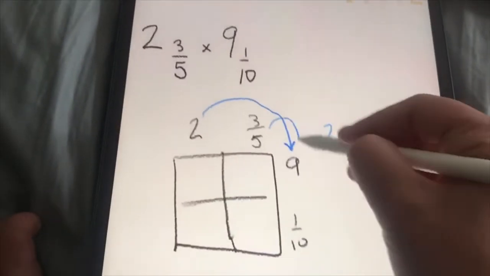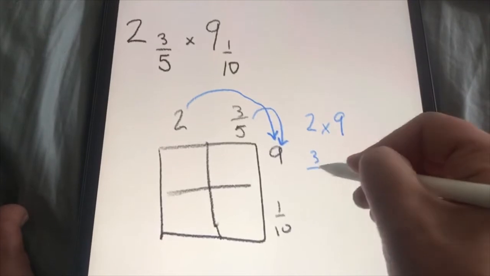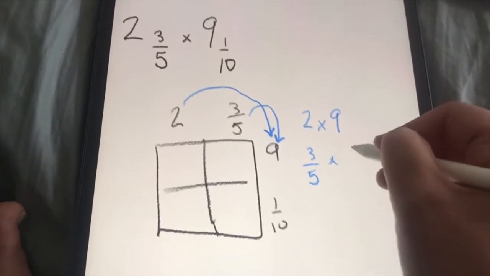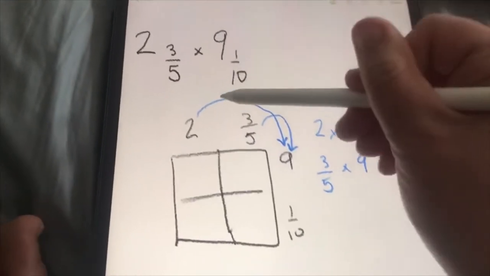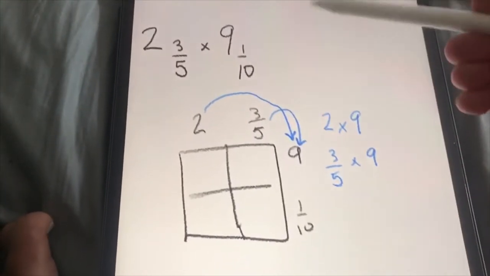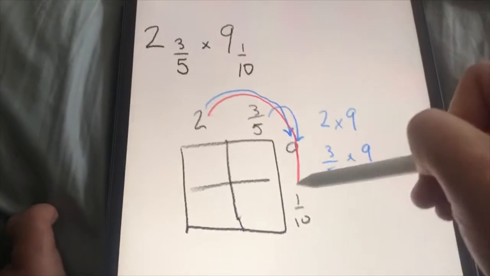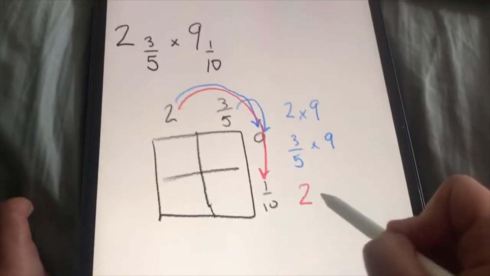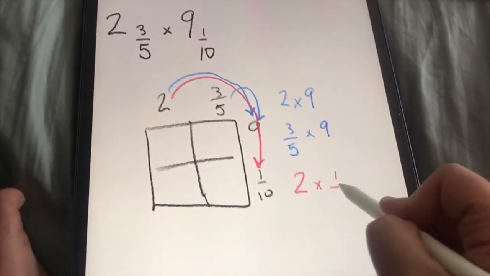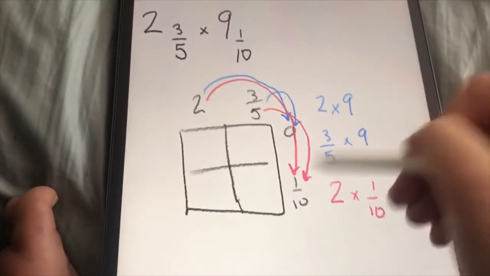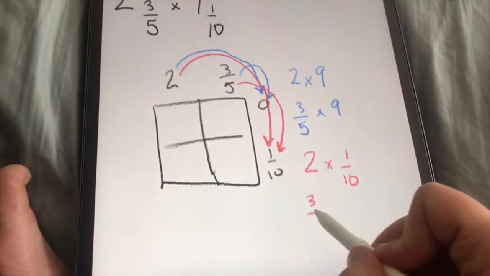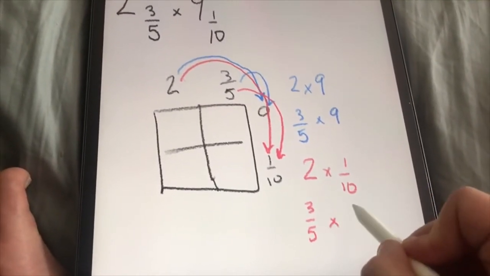Okay, and then we need to multiply 3/5 times 9. Okay, next I am going to multiply 2 times 1/10. Okay, and then I'm going to go ahead and multiply 3/5 times 1/10.